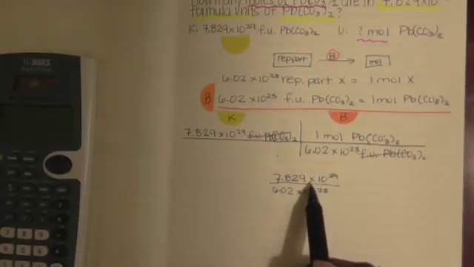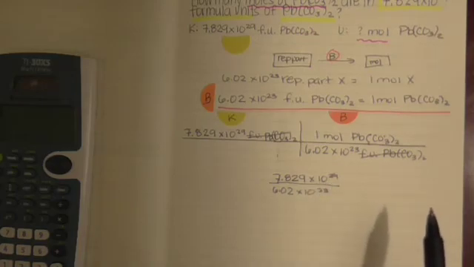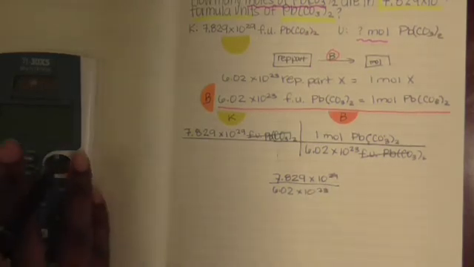Again, these both have orders of times 10 to the 29th, so I would put them in parentheses.